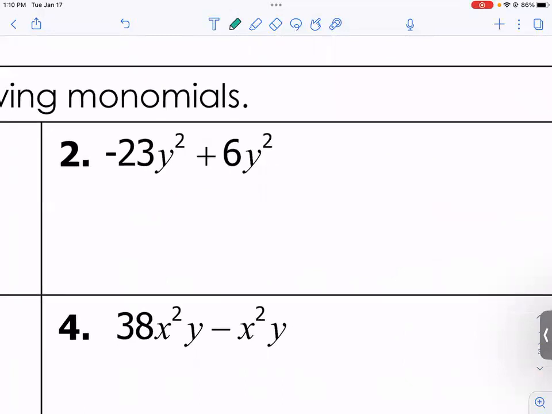Number 2, do we have like terms? Yeah, we have y squared. So -23y squared plus 6y squared would be 17y squared.